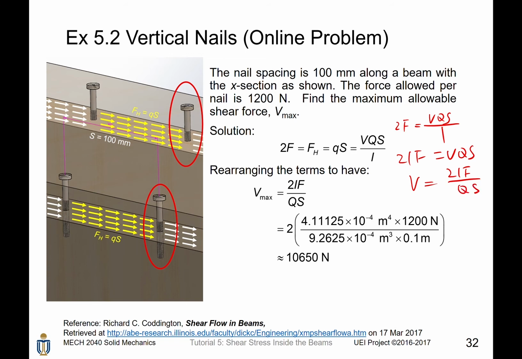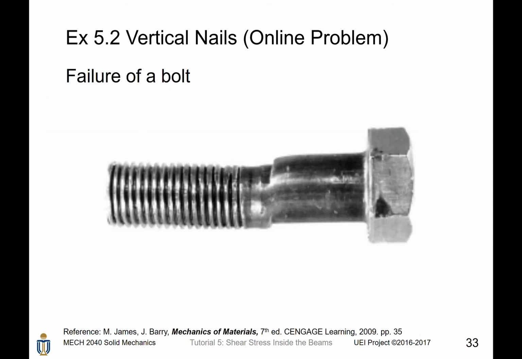We know what I is, we know the allowable force of nail, F, we know the first moment of area, Q, and it is also given that the nail spacing is 100 millimeters. Then the maximum shear force allowed for this beam is given by 10,650 newtons.